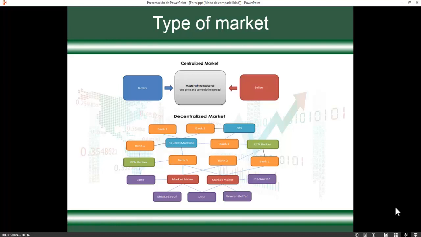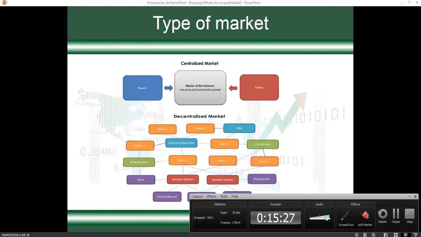You will probably recognize these two diagrams here anyway. It's just to show you the sort of market that we have.